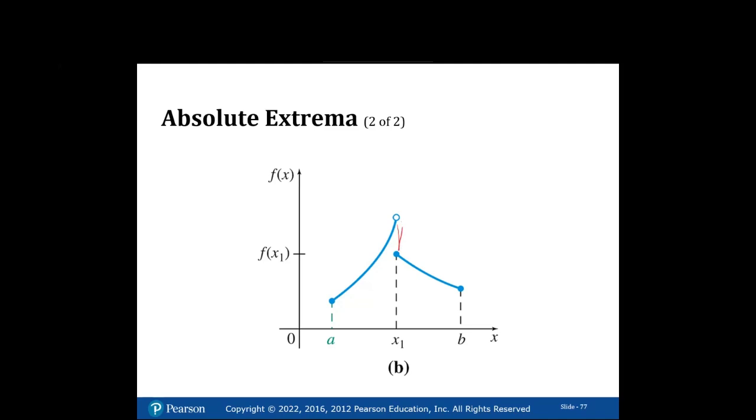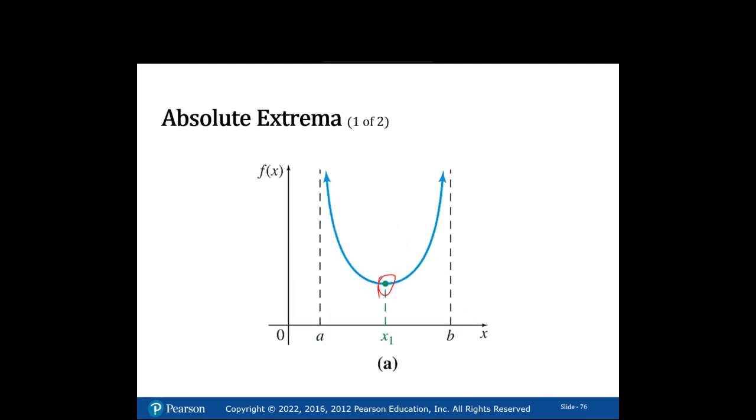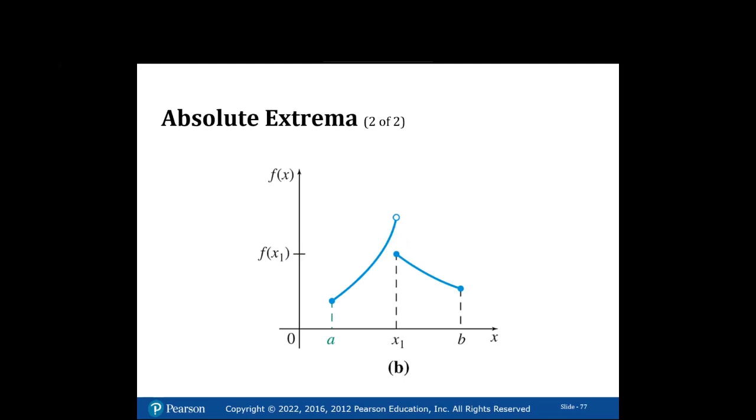So I can get a min if I just shrink everything down. If I say a to x1 on the open interval, I get a min. And if I do x1 to b on a closed interval, then I would get a max and a min. But on this interval from a to b, x1 is neither a min nor a max because it is not continuous. So that's looking at the differences between continuous and not continuous, right?